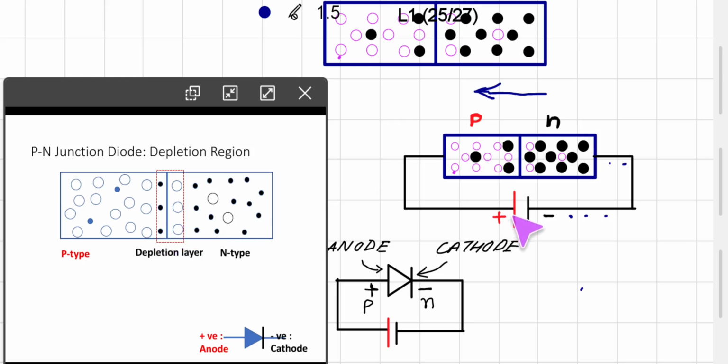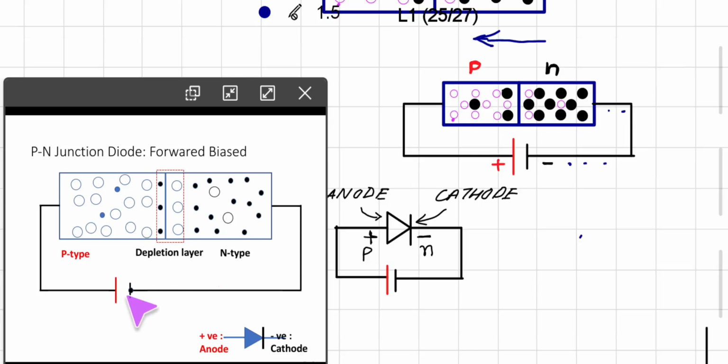Therefore when we connect the diode in forward bias condition, unless and until this potential becomes greater than this barrier potential, the charges cannot flow from P to N or N to P region, and that is the concept of knee voltage in the case of a junction diode.